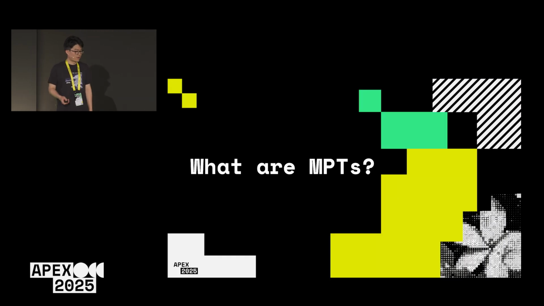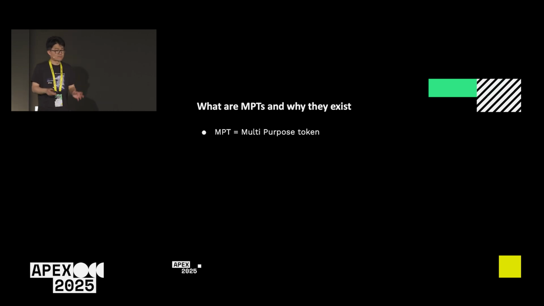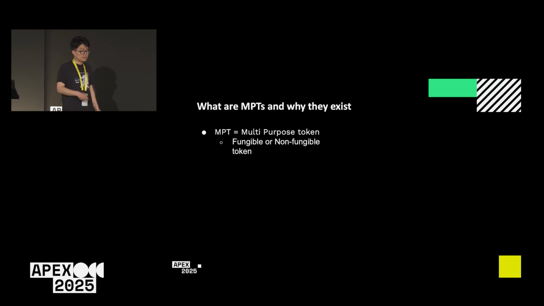So, what are MPTs and why do they exist? As I already mentioned, MPT stands for multi-purpose tokens. And hopefully through that name, multi-purpose, you can tell that it's for a variety of use cases. So MPTs can be both fungible and non-fungible tokens.